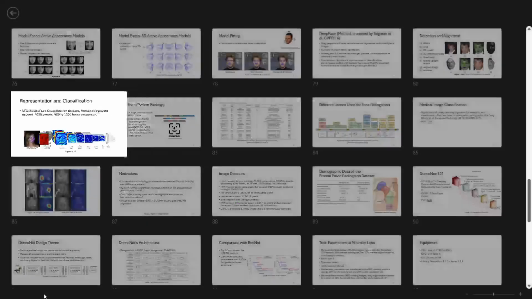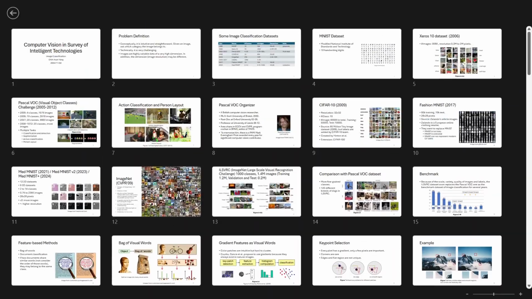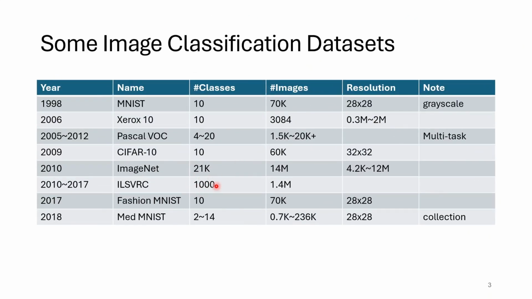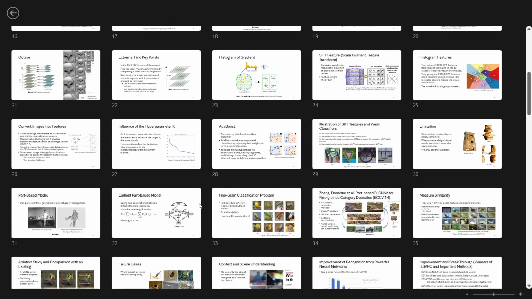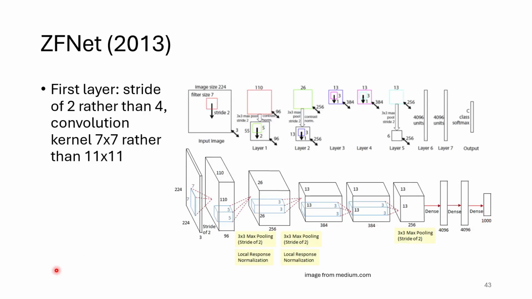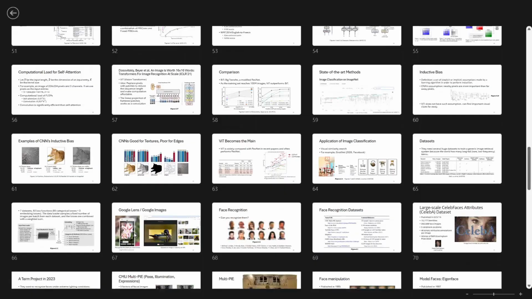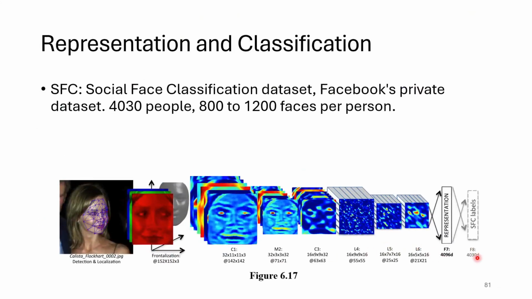And in our ImageNet challenge, there are only 1,000 classes. So the output of those networks is a vector of 1,000 values. Here again also 1,000, and here they increase the number to 4,030.